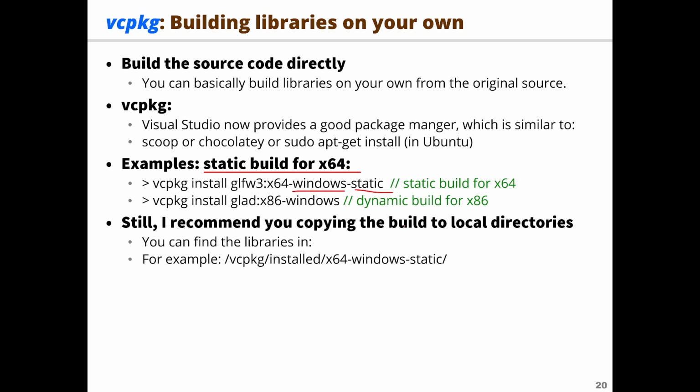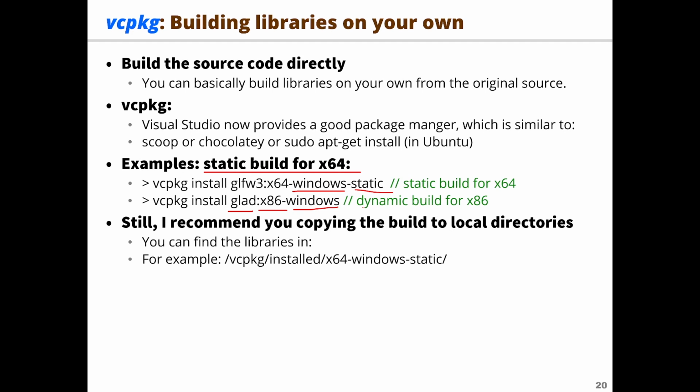In that case, we can build libraries for static linking. Also, we can install the dynamic version almost the same way. In this case, glad:x86-windows without static. This means we can build dynamic libraries.